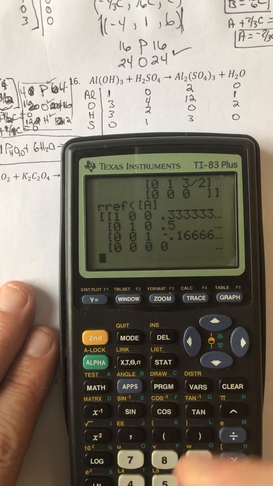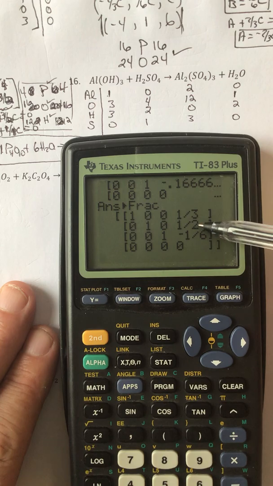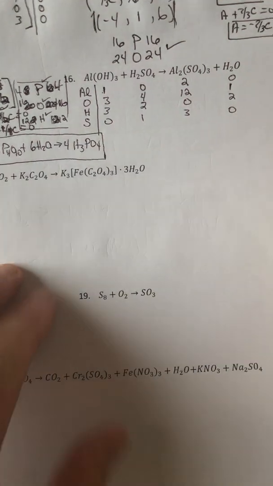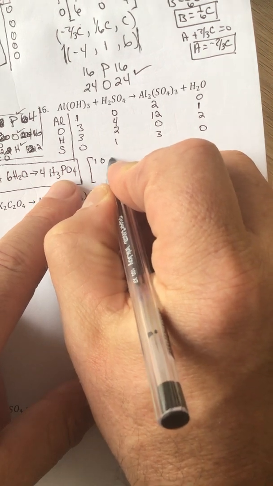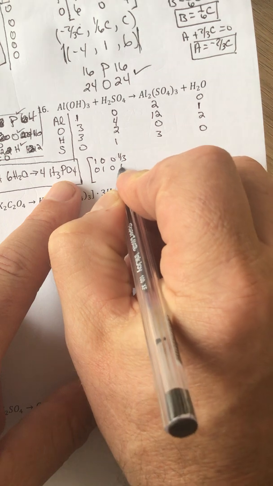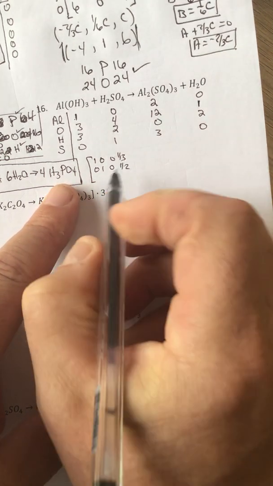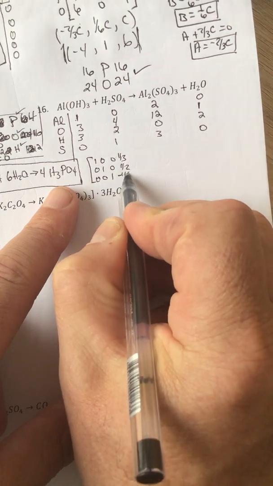We've got the bottom row dropping out. So it's 1/3, 1/2, negative 1/6. So we've got 1, 0, 0, 1/3. I've got 0, 1, 0, 1/2. And we have 0, 0, 1, negative 1/6.